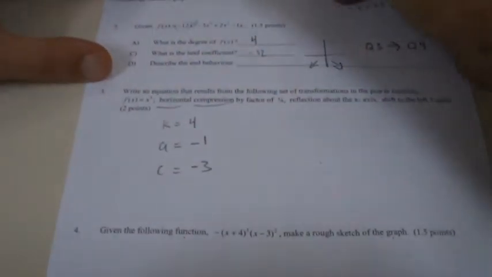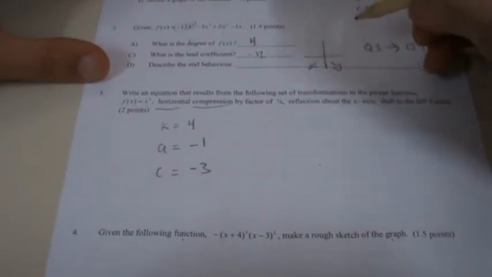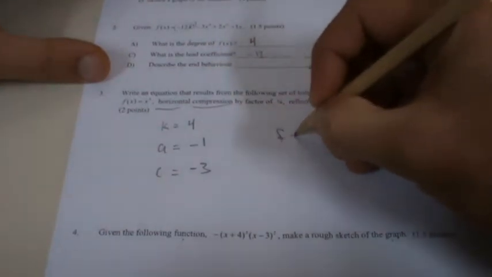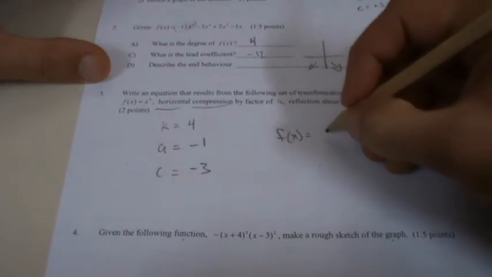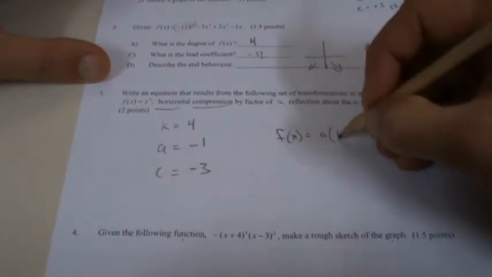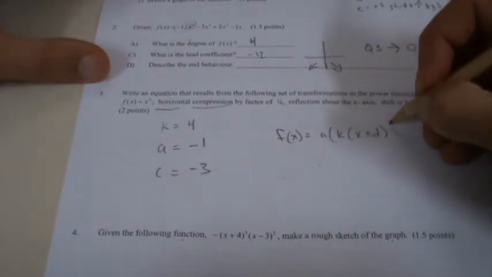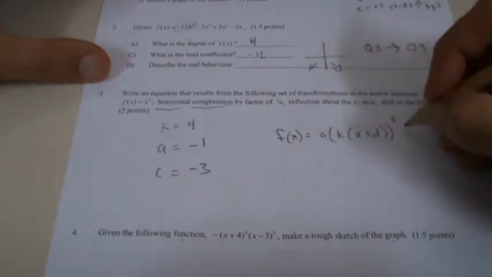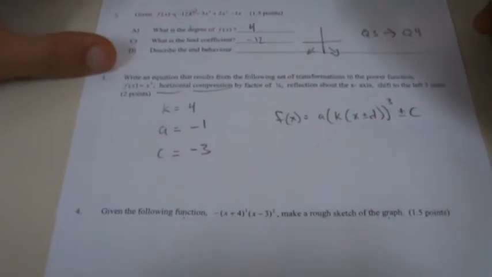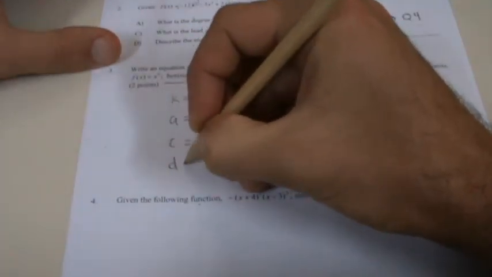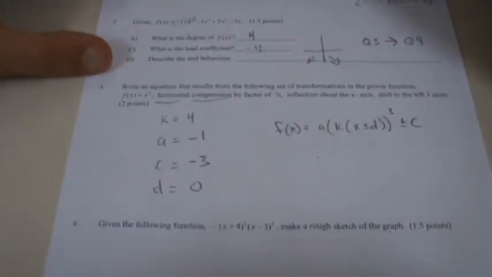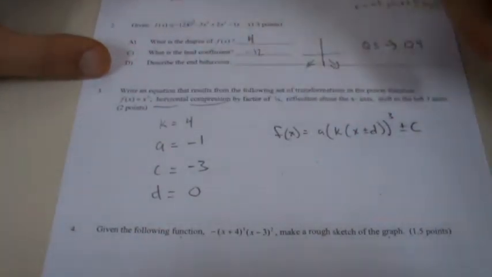Since I'm trying to get the transformations on the parent function, f of x is equal to a, k, (x plus or minus d) to the third power plus or minus c. And so I notice that my d value is actually 0 because I don't have a shift to the left or the right.